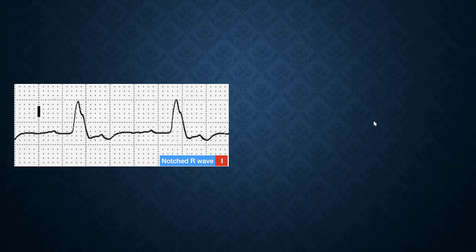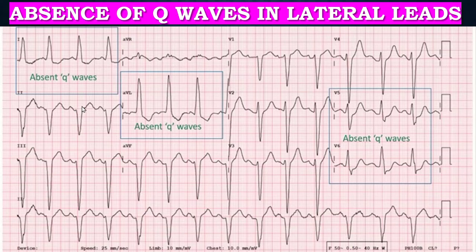Absence of Q wave in lateral leads. You can see that the P wave is followed by the Q wave. So in lead 1 there is no Q wave, absence of Q wave. In the AVL lead there is also no Q wave.